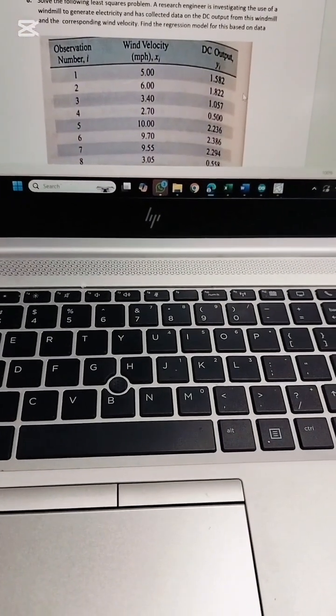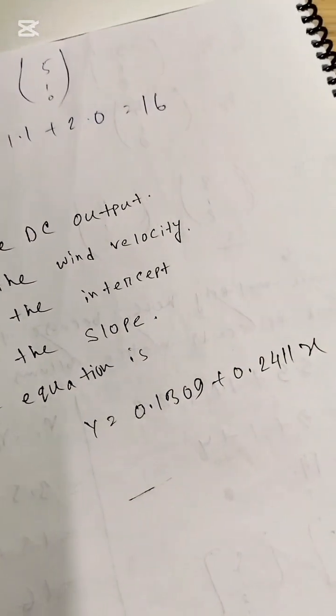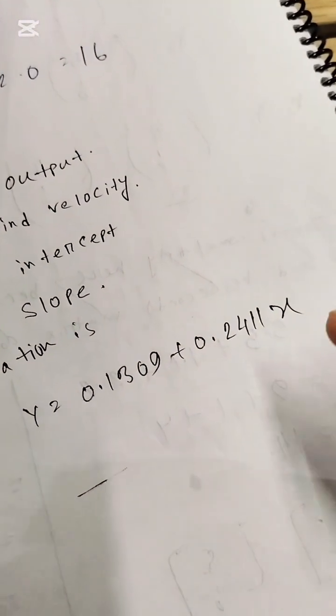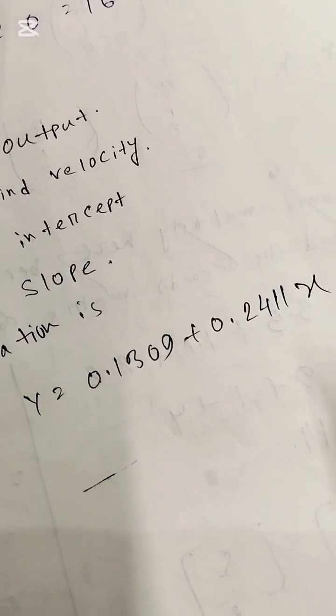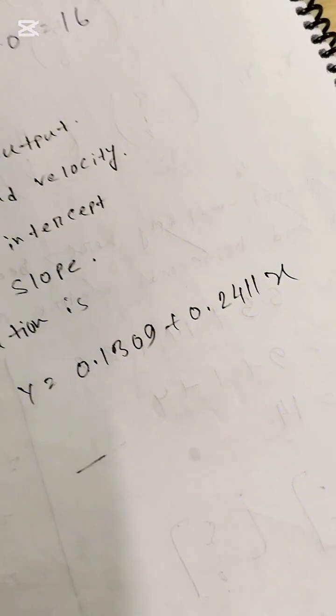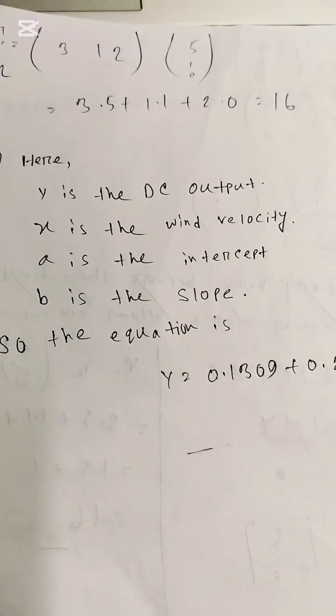As per our equation, a is the intercept and b is the slope, and we got the trend line value from our Excel sheet: y is equal to 0.1309 plus 0.2411 into x. Thank you.